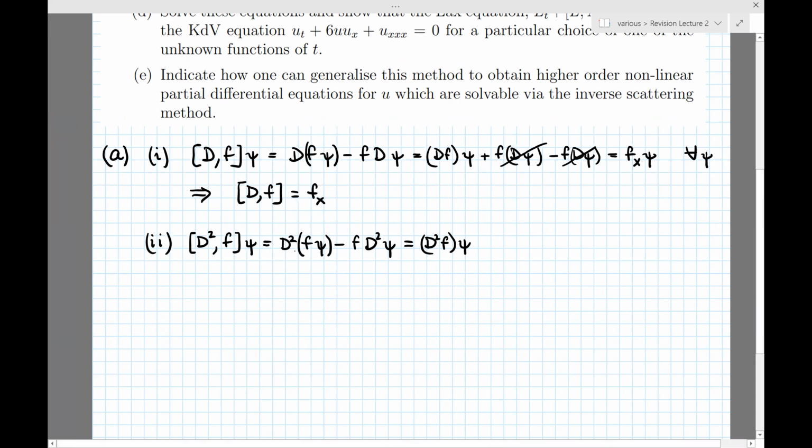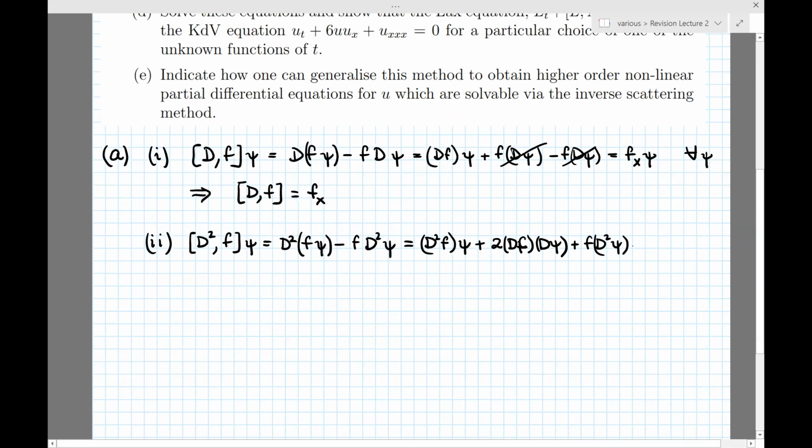Another option is that one derivative acts on f and the other derivative acts on psi, and there are two ways of distributing the two derivatives. So we get 2 times the derivative of f times the derivative of psi, or the two derivatives could act on psi only. So we get plus f D squared psi.